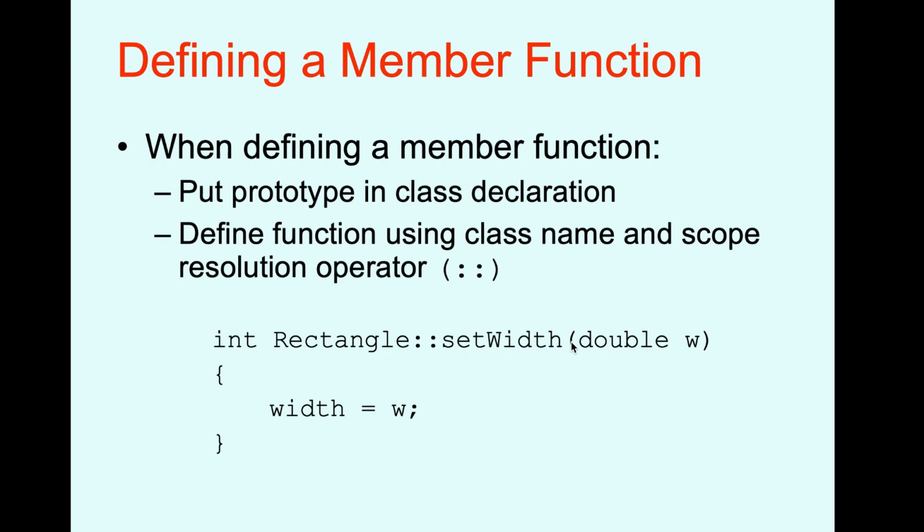So the setWidth function belongs to this Rectangle class. So the scope resolution operator plays the role of linking each function with its specific class. In a real project there may be hundreds and thousands of functions, so how do you link each function with its specific class? Using the scope resolution operator.